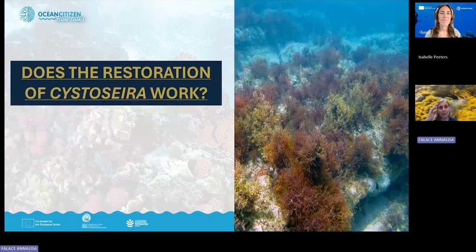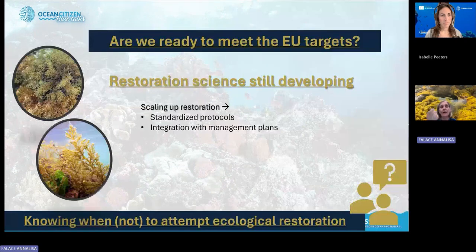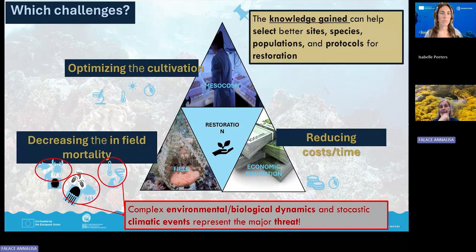One question that all people have is about restoration. Does restoration work? Are we ready to meet the European target? My reply is always this. Restoration is a science still developing. In this last year we have gained good knowledge about how to select the better site, the species, the population.